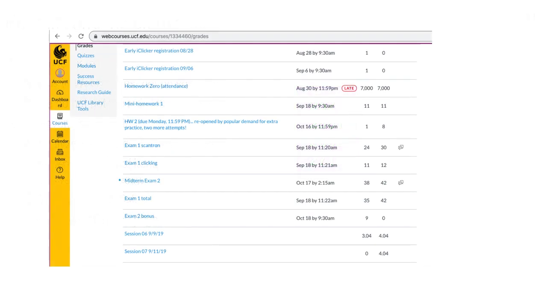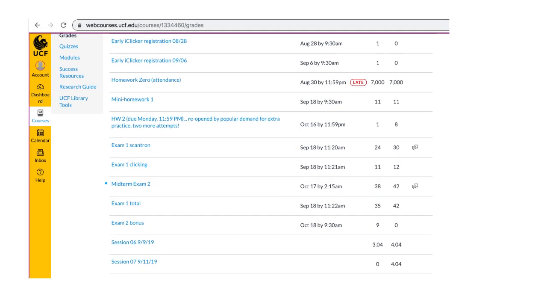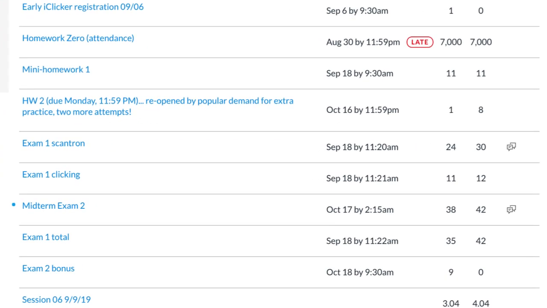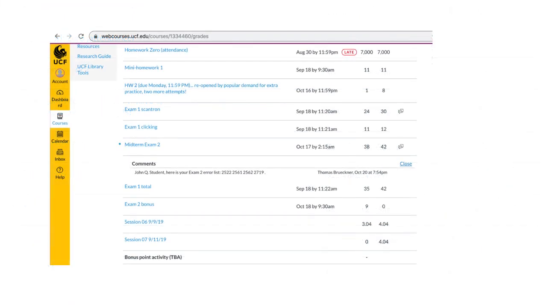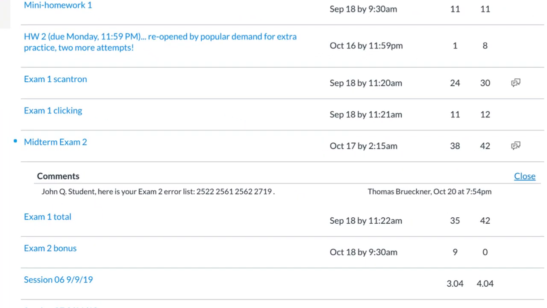All right. So here's your grades page, for instance. All right. And if you go down to midterm exam 2, right down here, you'll see a little icon for text messages. Okay. If you click that, then you'll get the error list. Okay. So here's the error list.